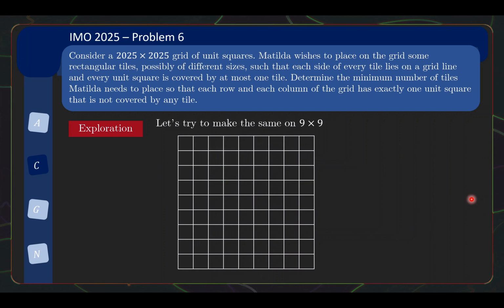Now, unfortunately, the next largest square is 9, so we have to try to do the same on a 9x9 grid. Okay, it's not going to be easy or maybe possible to put a gigantic windmill on the whole 9x9. So after playing around a bit, you might instead try and put smaller windmills on the grid.